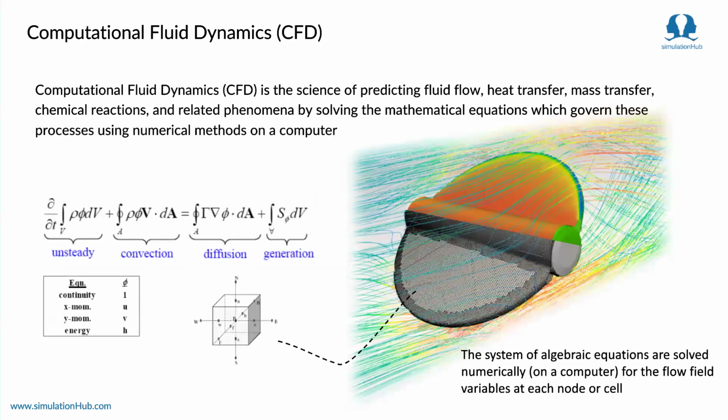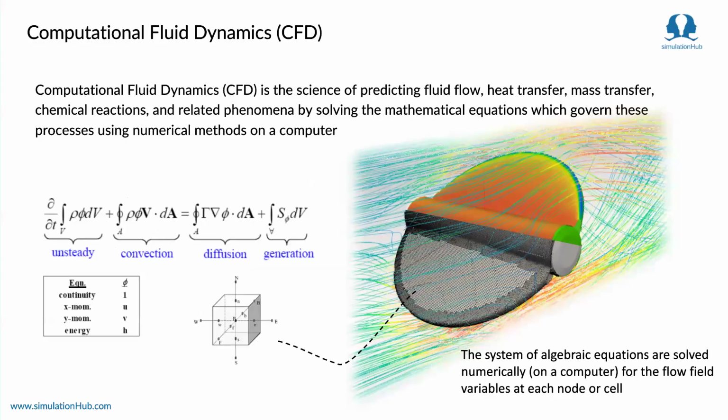So where does the role of CFD come in? Before jumping to the CFD methodologies, let's have a quick introduction to CFD. CFD is the science behind predicting flow, any transport phenomenon like fluid flow, heat transfer, mass transfer, chemical reactions.